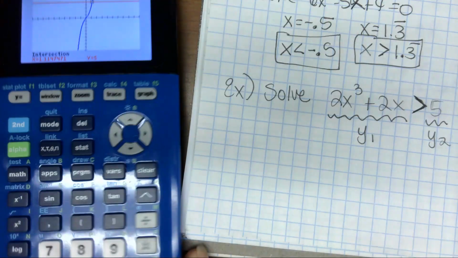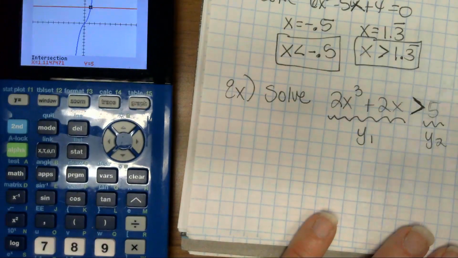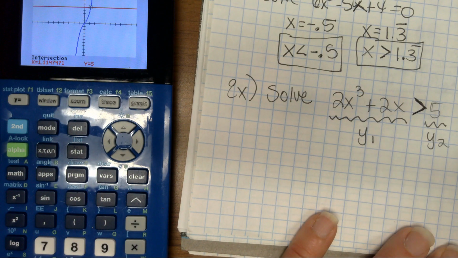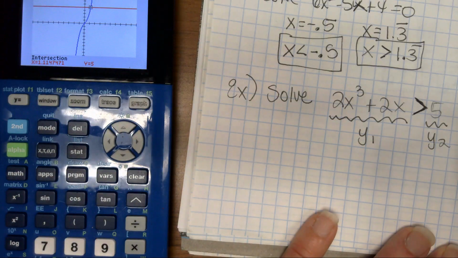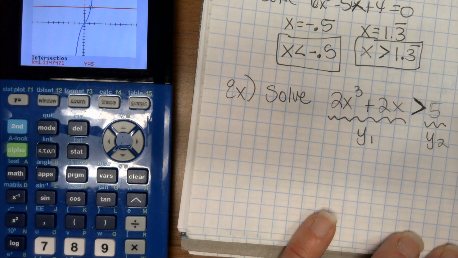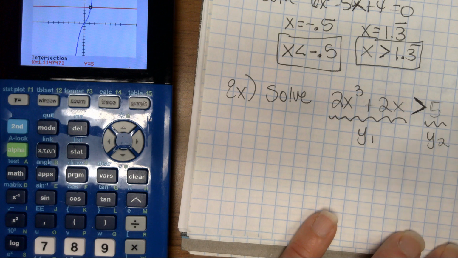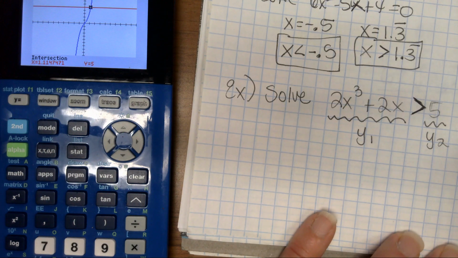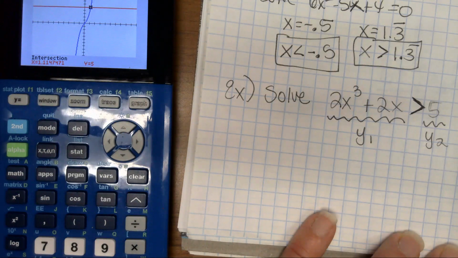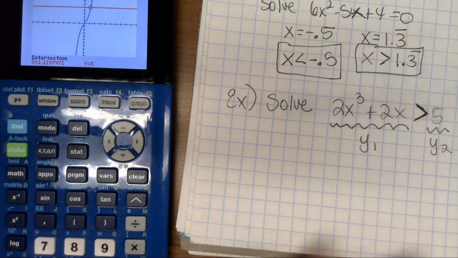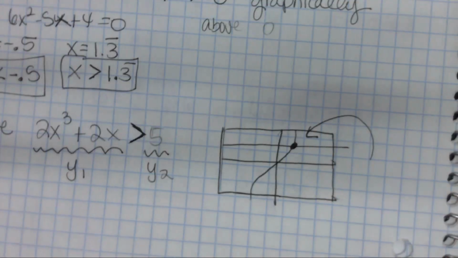And as far as when you're doing this on a test or in your homework, what I want to see is just a little sketch. So there you go. Oh, you can't see what I wrote. There's my little sketch of my picture.